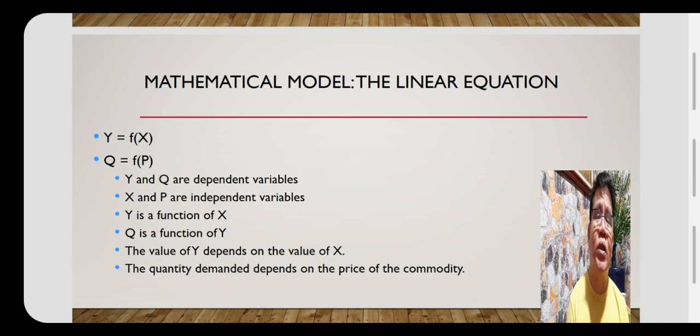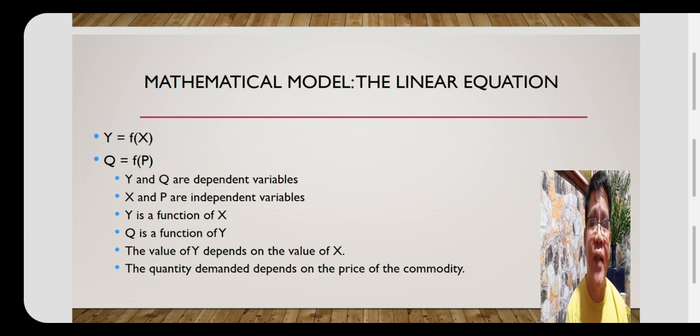In economics, we use these symbols of Q and P to specify the relationship existing between the quantity demanded or the quantity supplied with respect to the price per unit of the commodity.